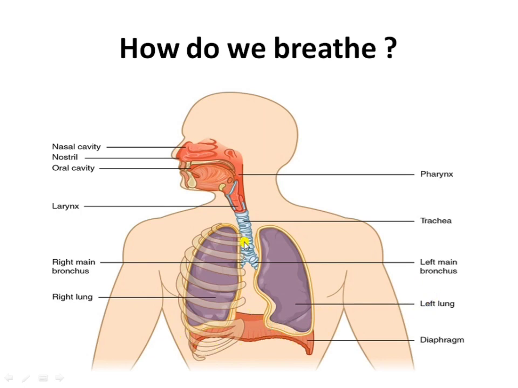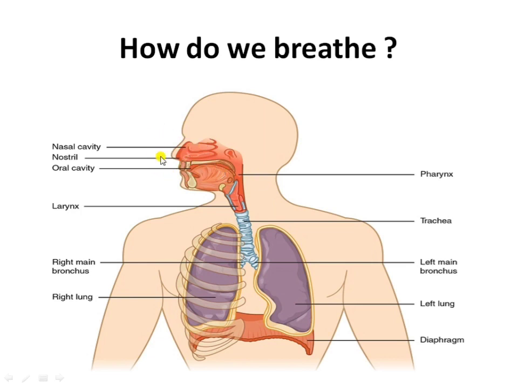When we breathe in, the air enters through our nostrils, then passes through the windpipe and reaches our lungs. Just the reverse happens when we breathe out. The air from our lungs passes through our windpipe and comes out through the nostrils.